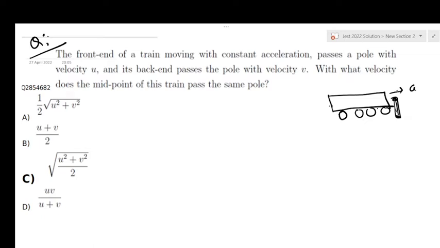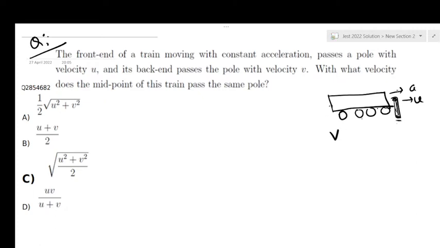The front end passes the pole with velocity u, and the back end passes the pole with velocity v. See, the train when it passes the pole, that velocity will be v.